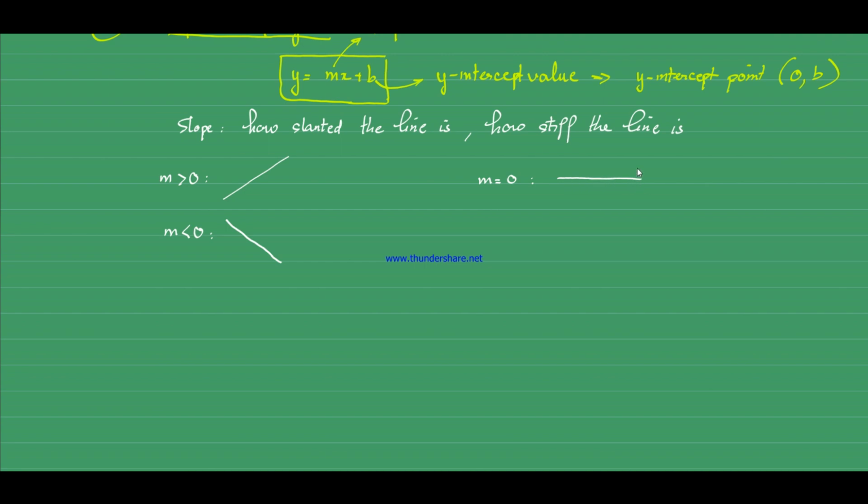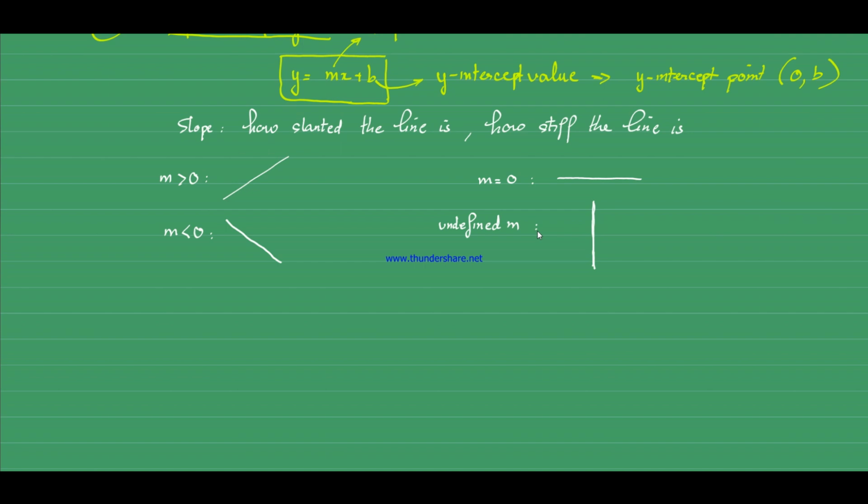And what if we have a vertical line? If we have a vertical line, then the slope does not exist. So we have an undefined m value. The slope does not exist when we have a vertical line.